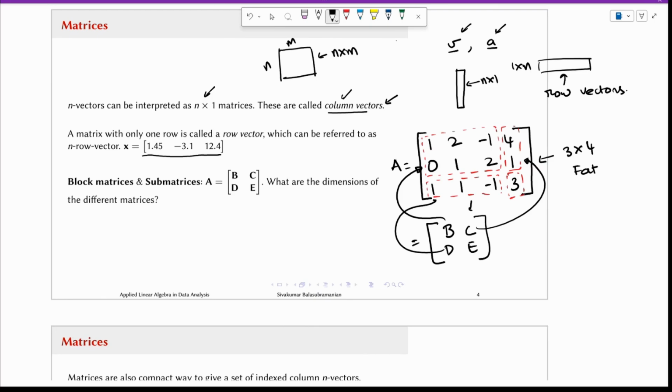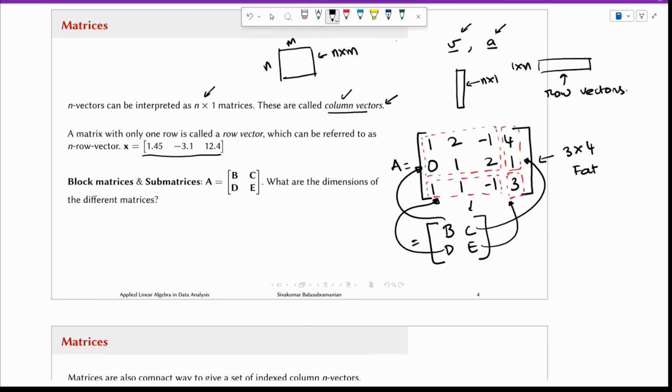D represents the 1 cross 3 submatrix, and E represents this 1 cross 1 matrix or the scalar. Okay. So you can write it like this, where the elements of a matrix are themselves matrices or vectors or whatever you like, or matrices in general.